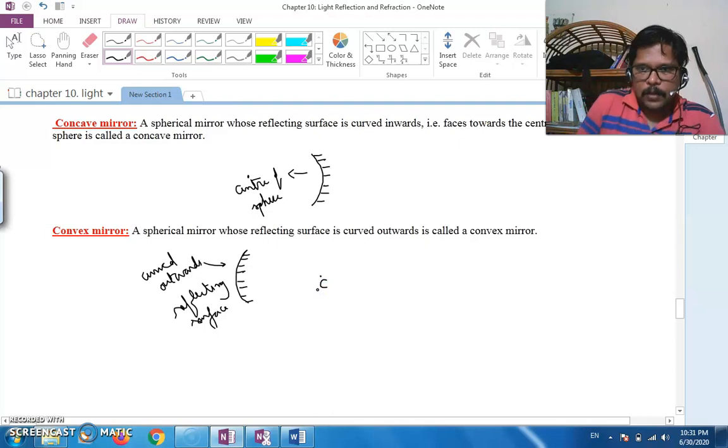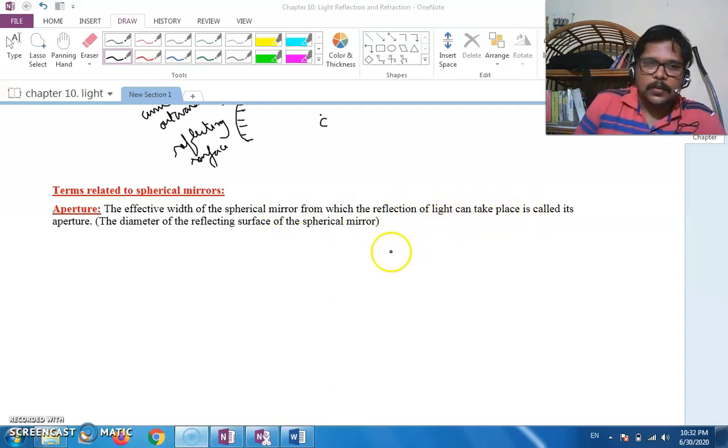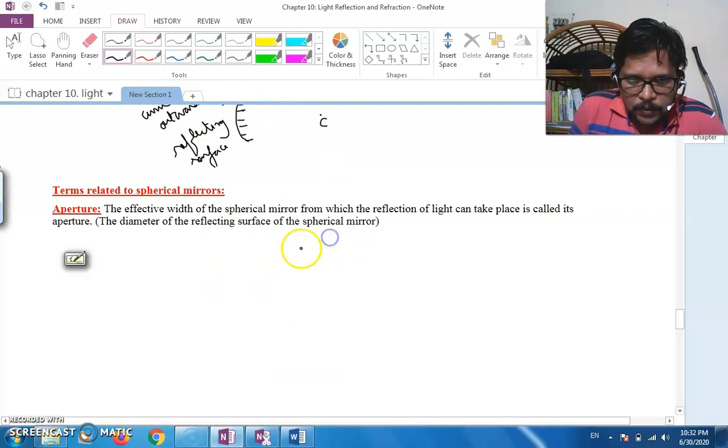So we'll see some more important terms in spherical mirrors. The aperture is nothing but the effective width of the spherical mirror from which the reflection of light takes place. It's called the aperture. So generally when we are going to represent a convex mirror or a concave mirror, let me draw a concave mirror. So that's a part of the concave mirror.